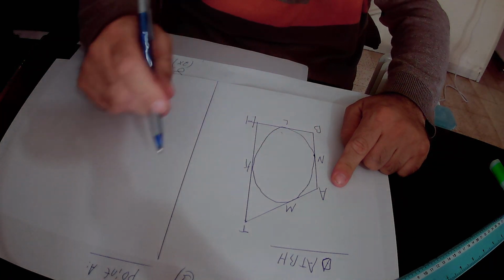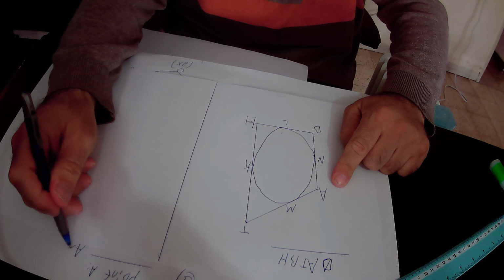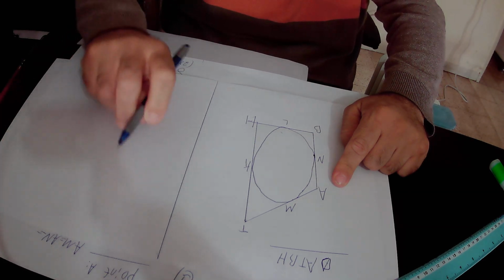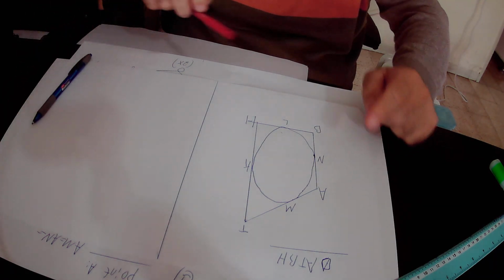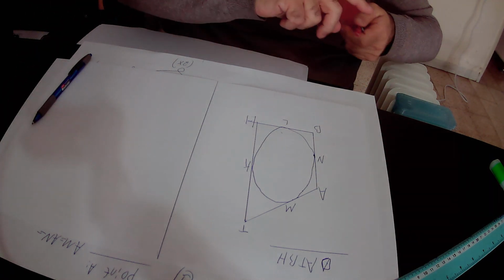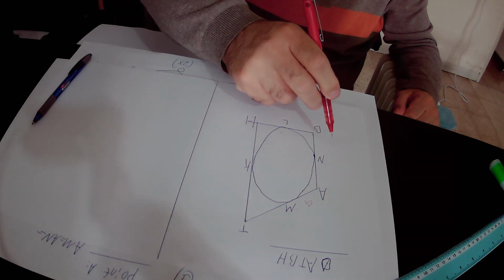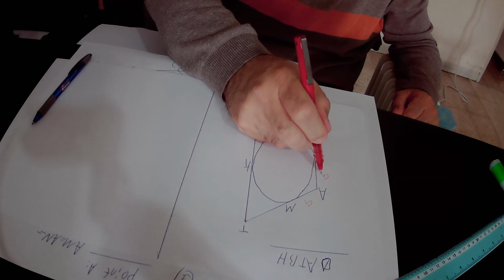That is to say, AM equals AN. So if we define the length of the tangent AM as a, then the length of tangent AN must also be equal to a.